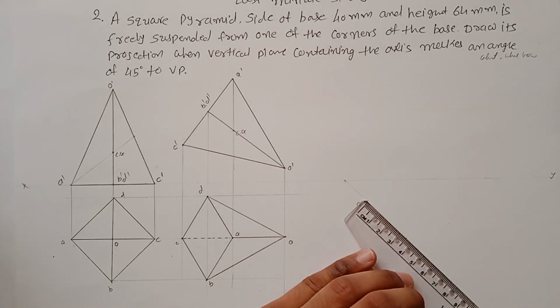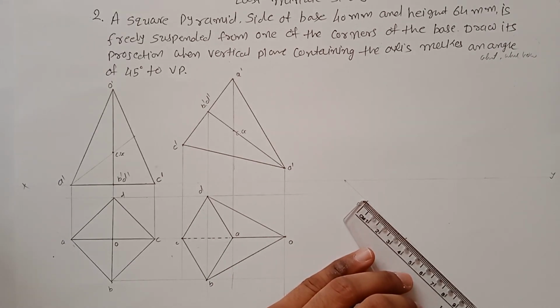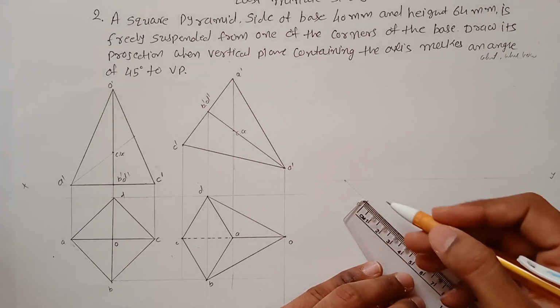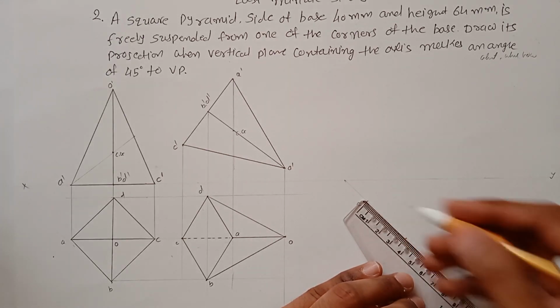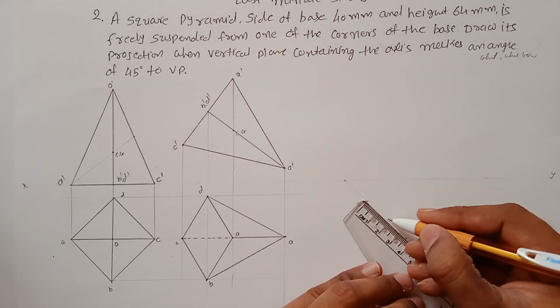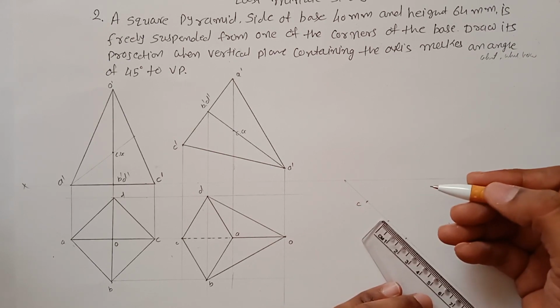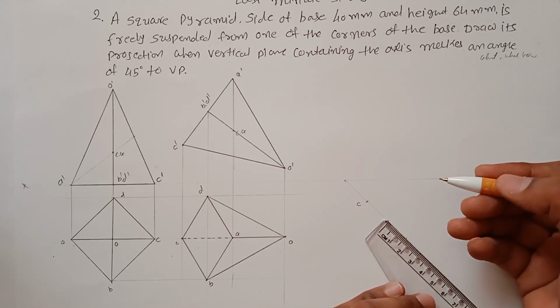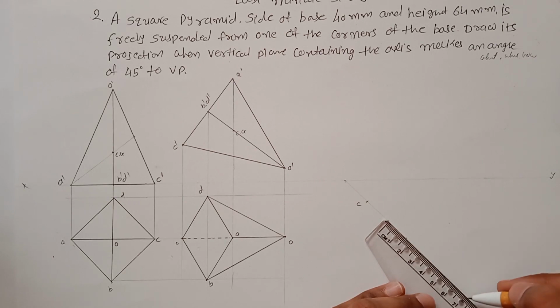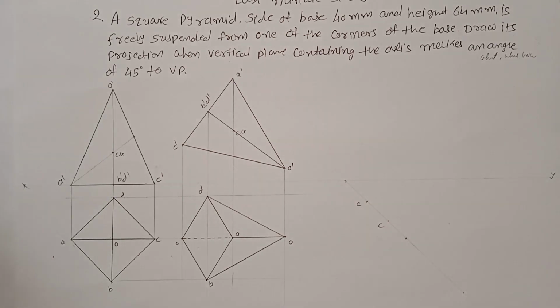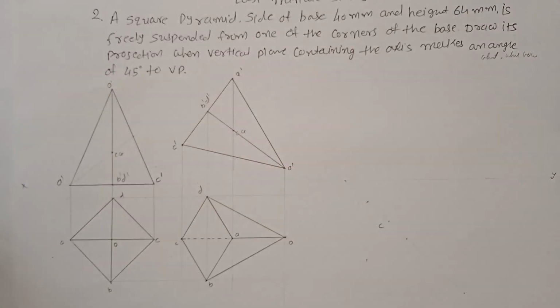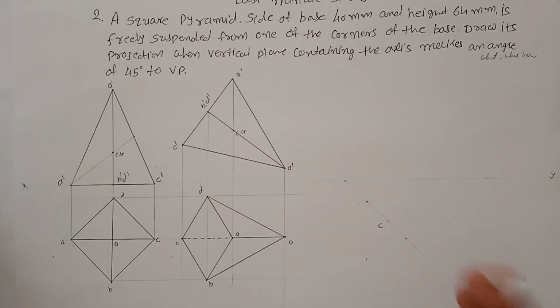Then measure it over here, the 6.8. I make it at some distance because it will not go up. So this point is C point and this is my O point.